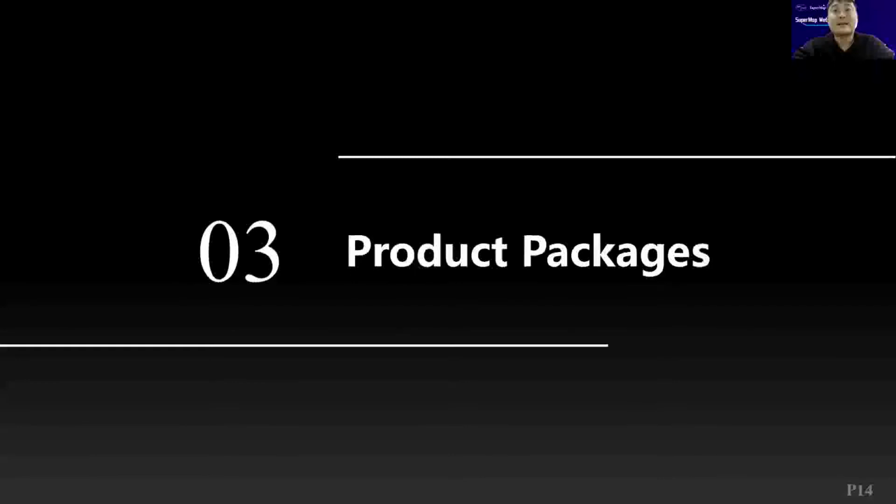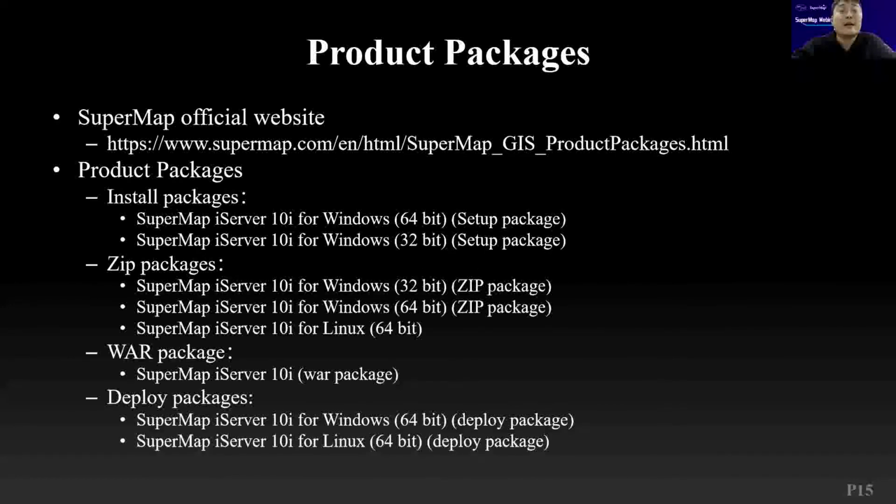The first one is the install package. After we download it, we can install it, and when we install iServer, it will check the license driver on your PC. If this is the first time you use iServer, it will automatically install the license driver.